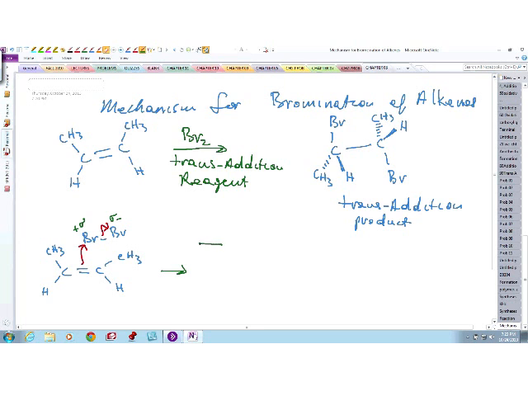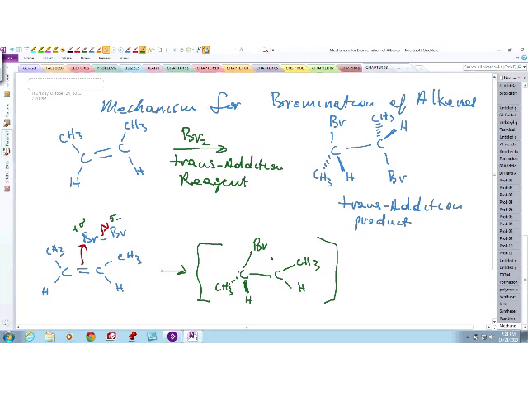Then imagine that you form, at this point, we have bromine here, and we begin to form the going down. At this point we have this here.